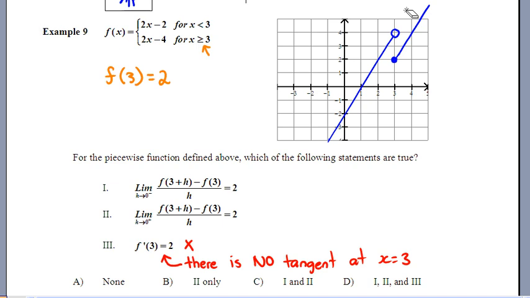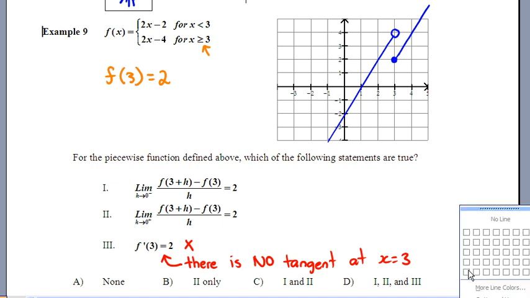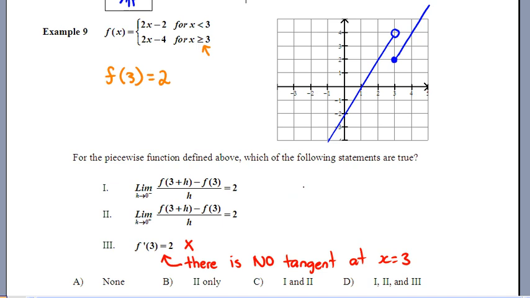Now, this is a bit of a sneaky question because you might be thinking that these limits that are here are kind of like saying this. And so I'm going to just scribble this down and say, well, could we rewrite these like this and say, hey, let's look at the limit of the derivative as x gets really close to 3, but on the low side.